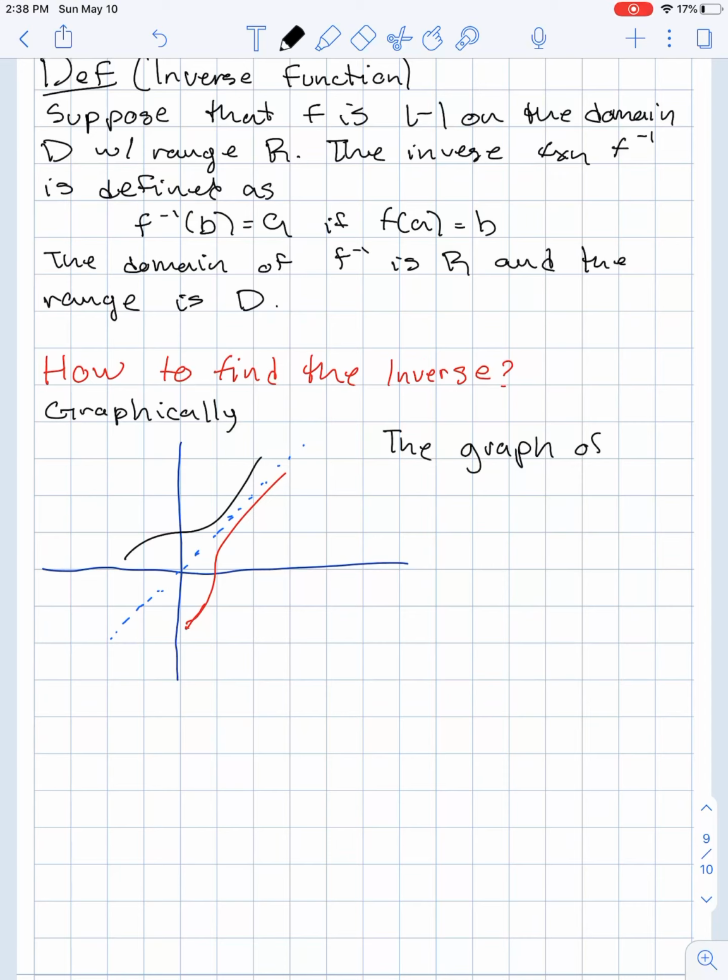So the graph of the inverse of f is the reflection of f across y equals x, all right?